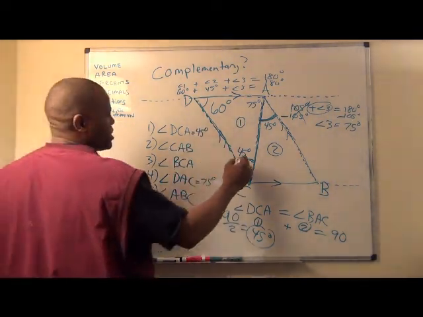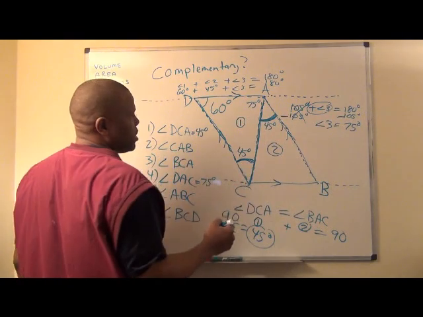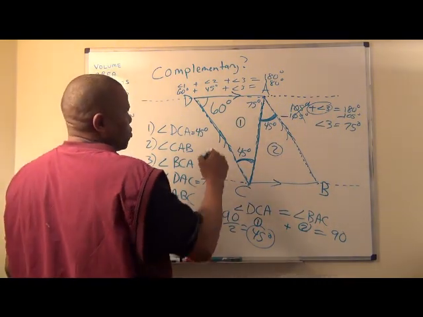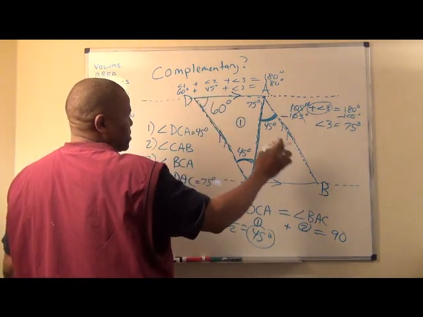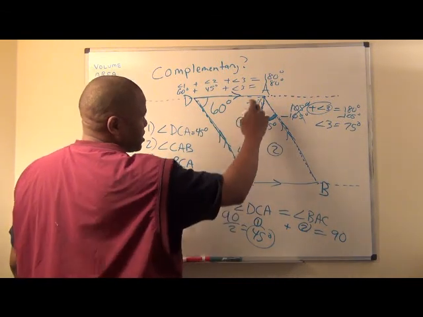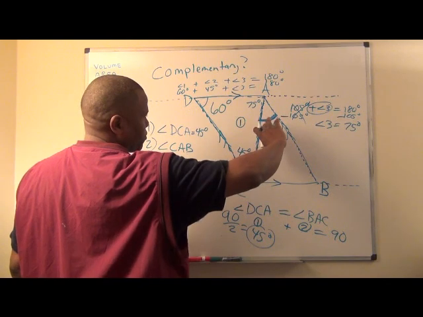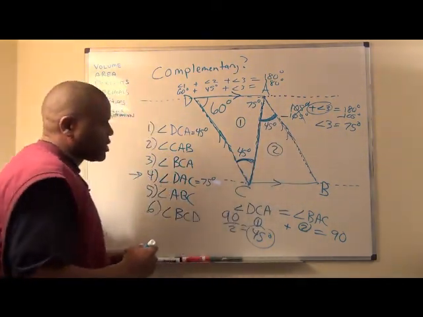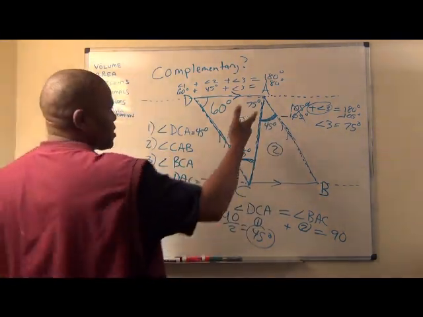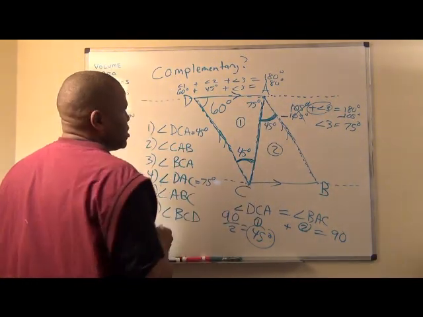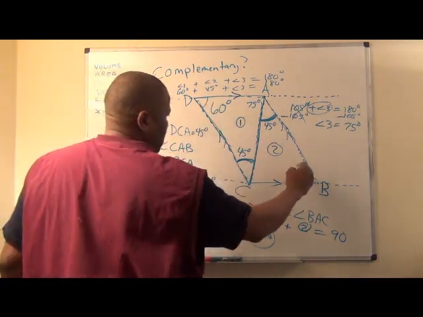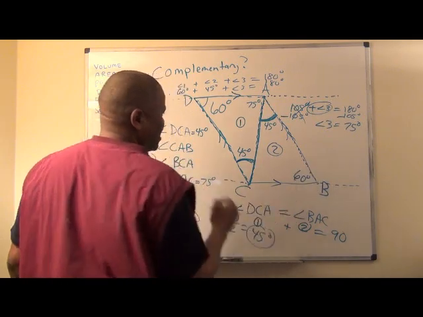So this angle here is equal to that one, and these angles are opposite. If you turn this triangle around, or flip it, you have 45 degrees. This is opposite here. That's 60 degrees.